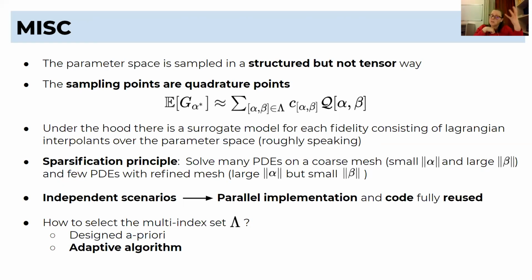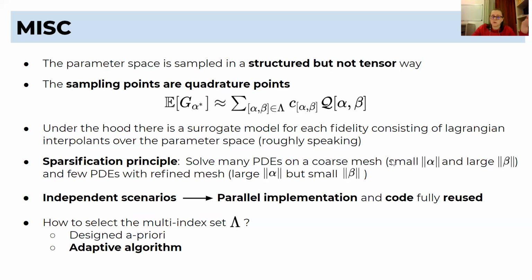I mentioned this sparsification principle. The whole idea is that in order to approximate this E of G of alpha star, we consider coarser approximations. Referring again to the indexes alpha and beta, what we want is to include approximations where alpha is small, so we have coarse meshes, but large beta.